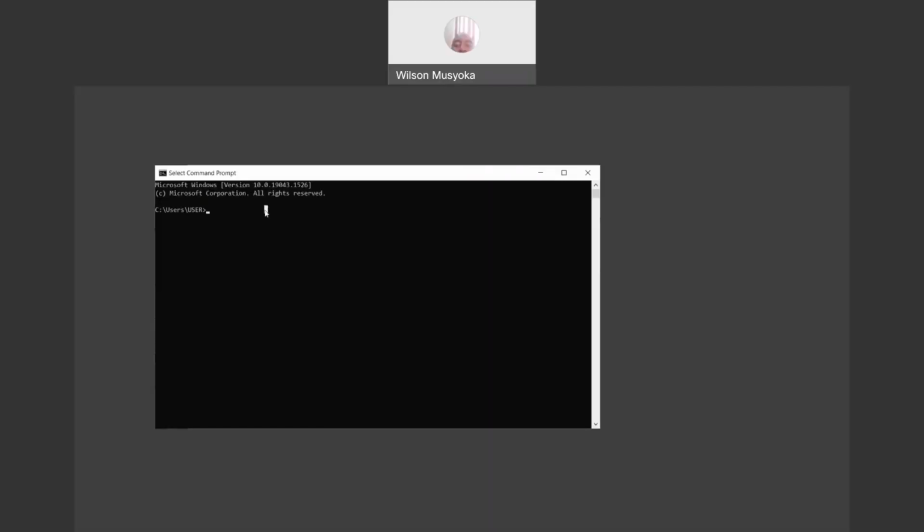And for instance, I would like to trace a route. That is how the trace route command is given in Windows, that is tracert, and maybe I say that is google.com.